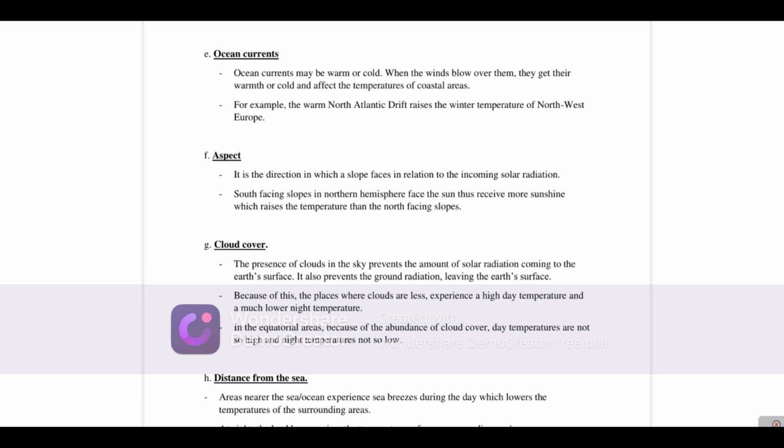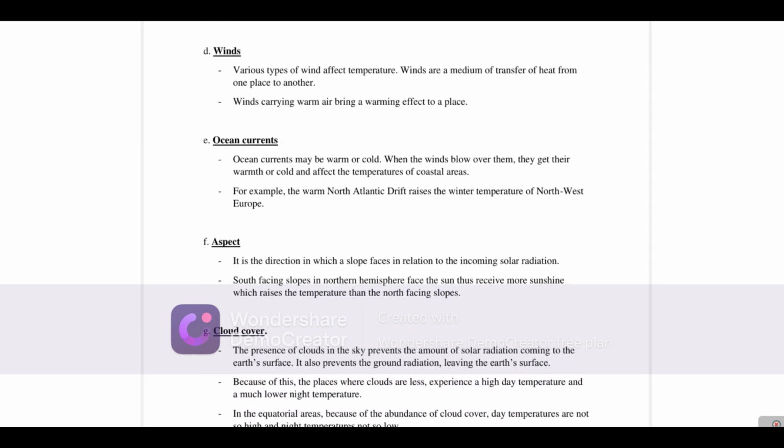If you look at winds, we are going to see how winds influence the temperature on the Earth's surface. Various types of winds affect temperature.